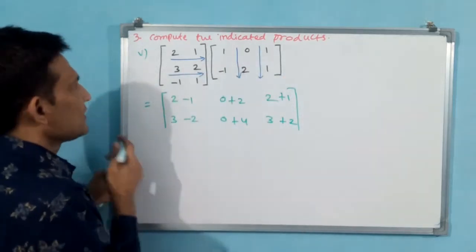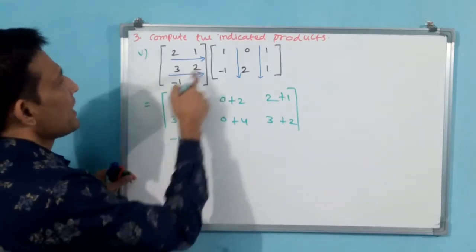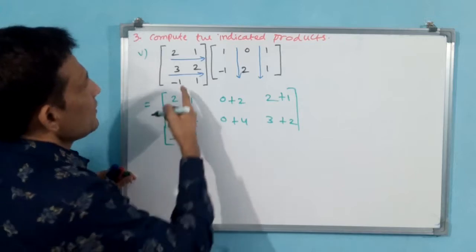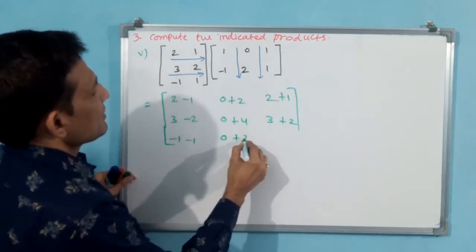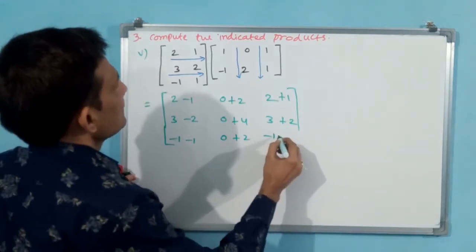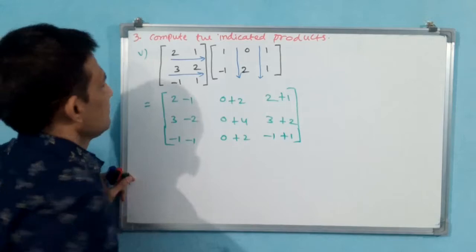That is okay. Now minus 1, minus 1. Now 0 plus 2, minus 1 plus 1.